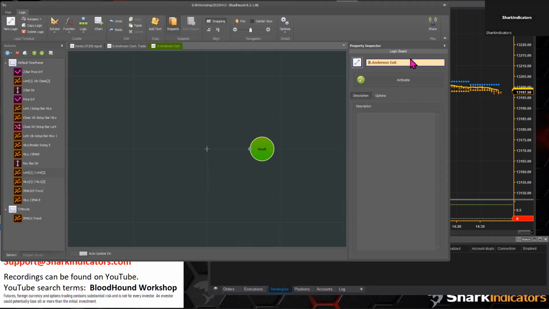Oh, that's kind of humorous. It's always moving the cursor around after it does a recalculation. There we go. I'll just leave it as an exit name.